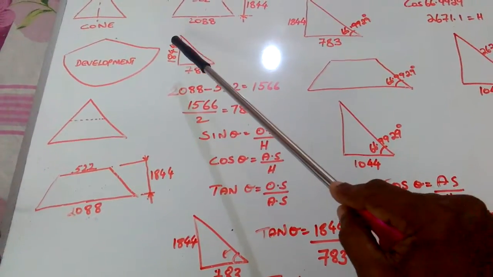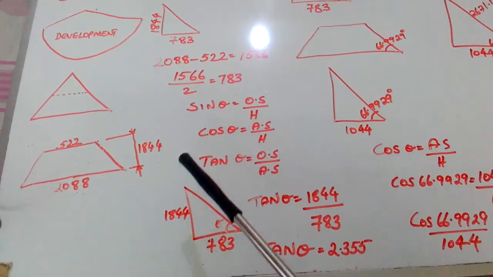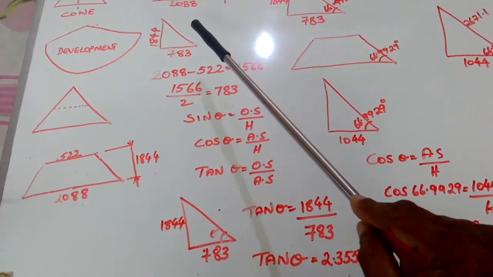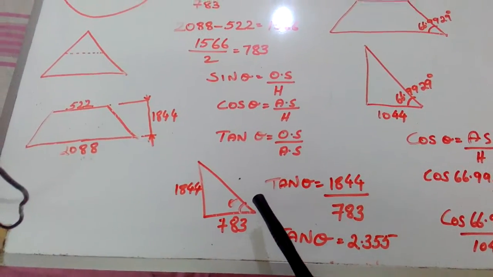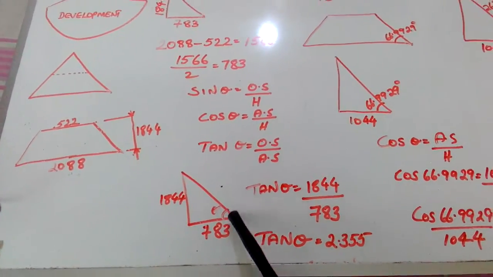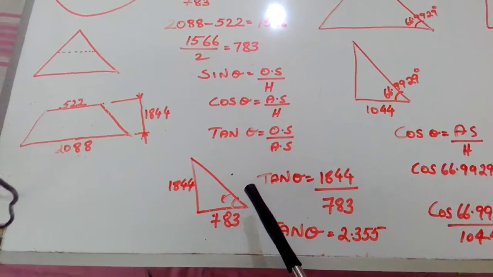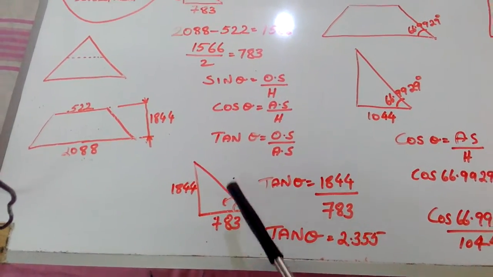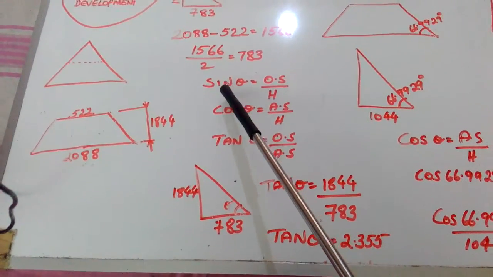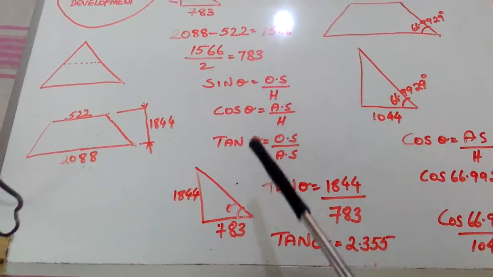The same measurement I have indicated in this drawing also. 1844 is here, 1844 is here, 783 is here, 783 is here. We have to find out this degree. If we consider it is the degree we have to find out, according to this formula sin theta, which will be the opposite side.